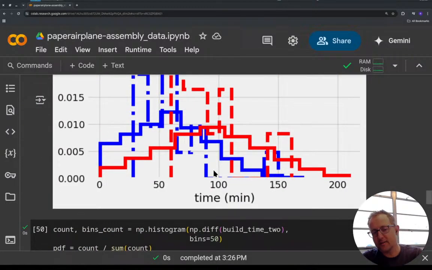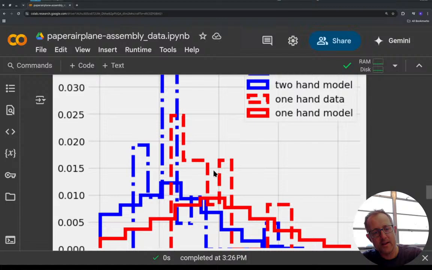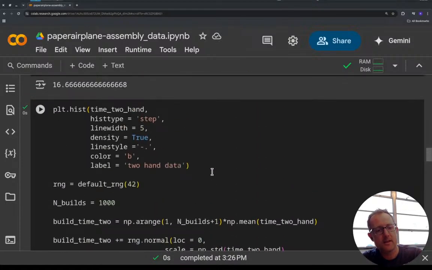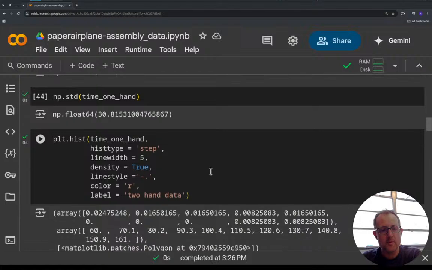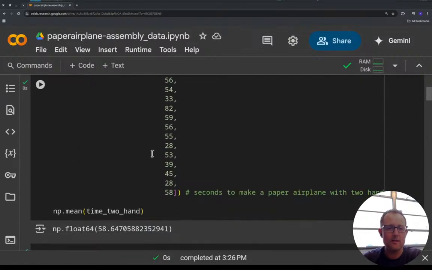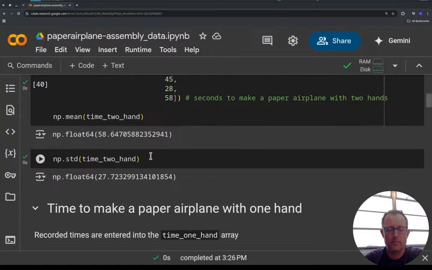But I thought this was really cool to go through and see this data and play around with it in different ways. It's all entered up here into NumPy arrays. So if you have a different way of thinking about this or you want to approach it differently, go for it.